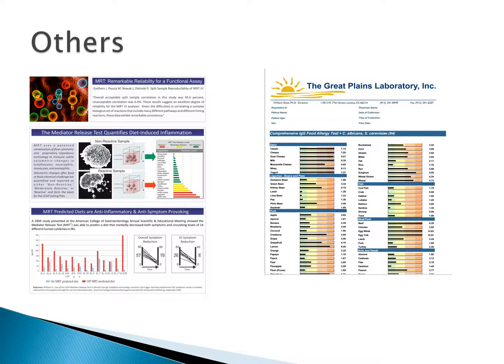These are two other attempts at defining whether or not someone is allergic to a food product or whether or not they're intolerant to it. One is the mediator release test. Basically, it says it quantifies dietary induced inflammation based on the lymphocyte changes.